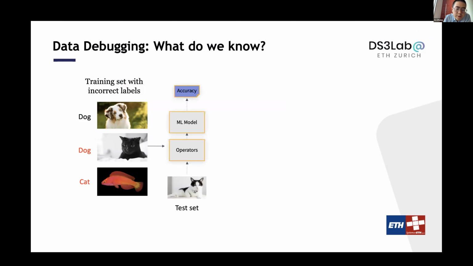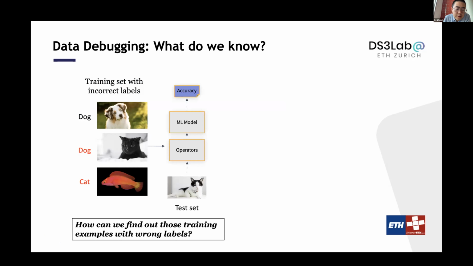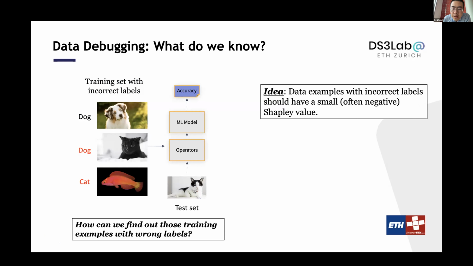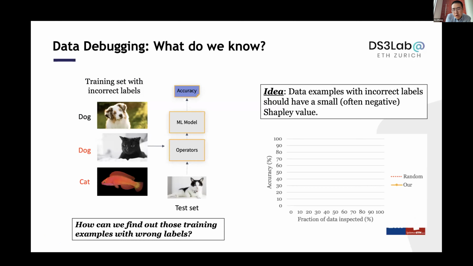You have your machine learning application, and the question is, how can we find out those training examples that matter for my machine learning model? You could compute the Shapley value, and in expectation, they should have very small and often negative Shapley values. If you follow this importance, you can actually get a data cleaning strategy that's very, very efficient, almost 3 times more efficient than the random strategy in improving your machine learning accuracy.